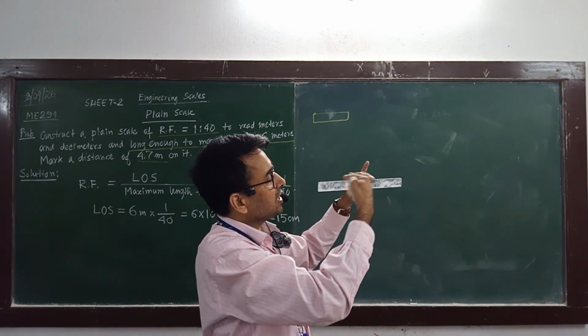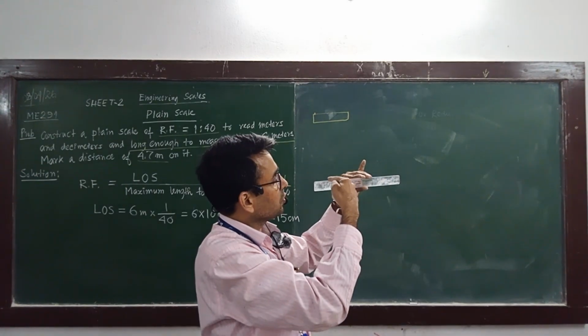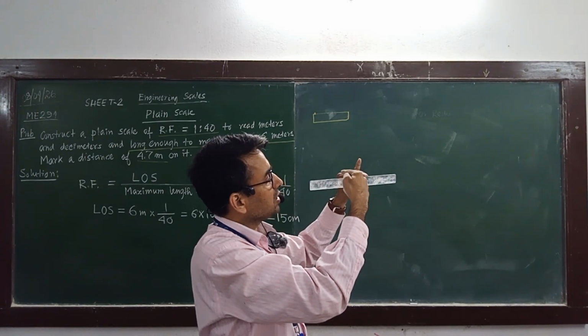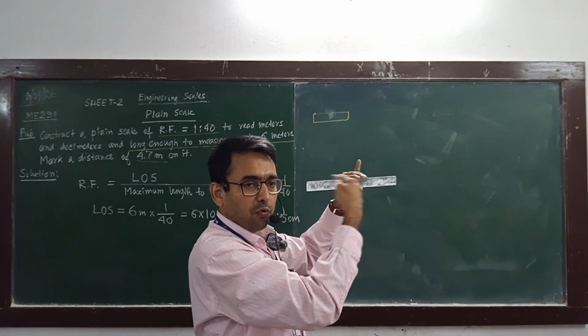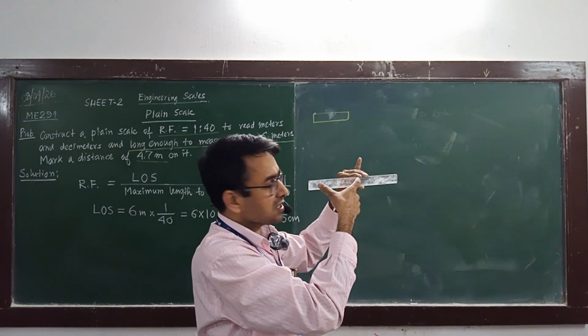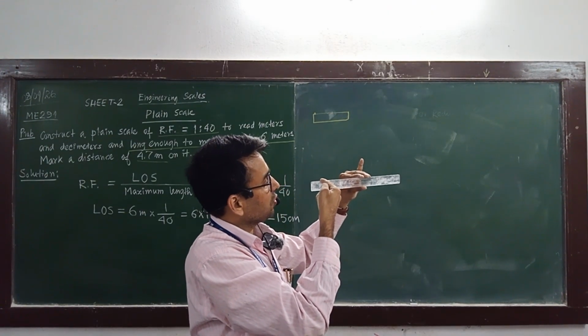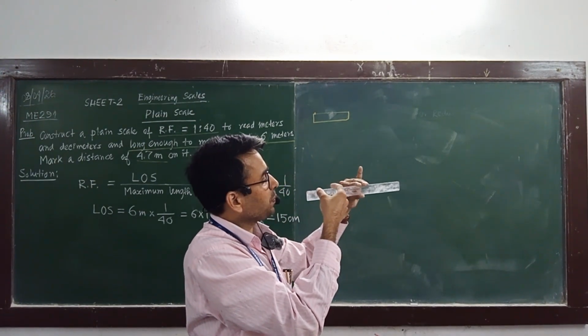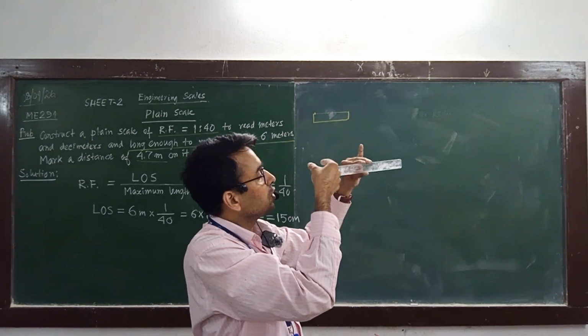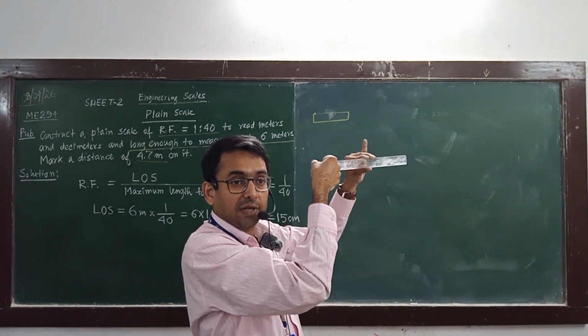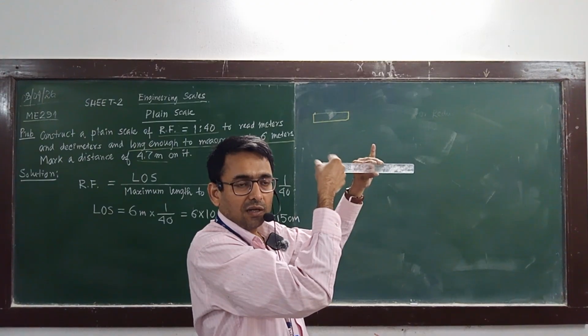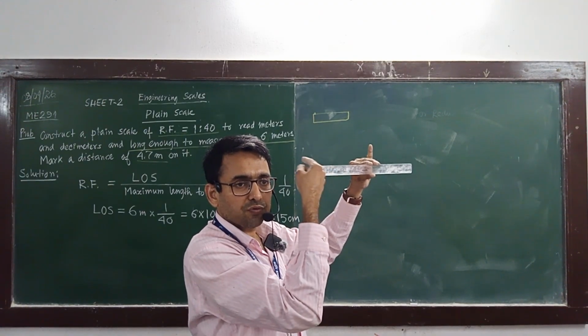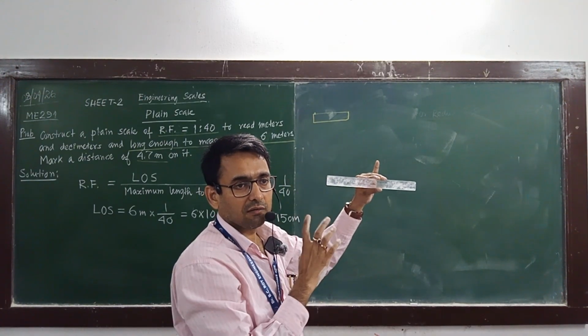So this side you have the meter scale. 0, then 1, 2, 3, 4, 5. So 5 meters, that is the meter scale, and from the same 0 you have a decimeter scale, that is the same 1 meter unit. So that 1 meter you will divide into 10. In that you will mark 1, 2, 3, 4, 5, 6, 7, 8, 9.